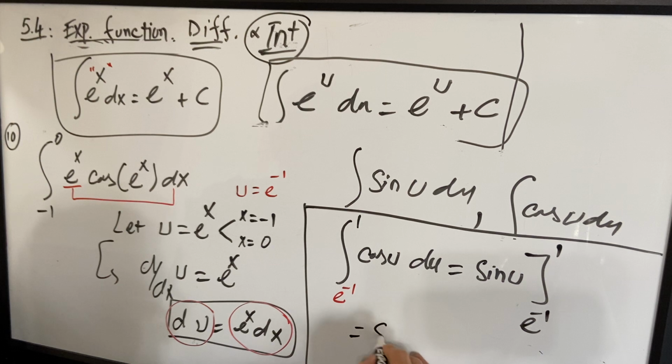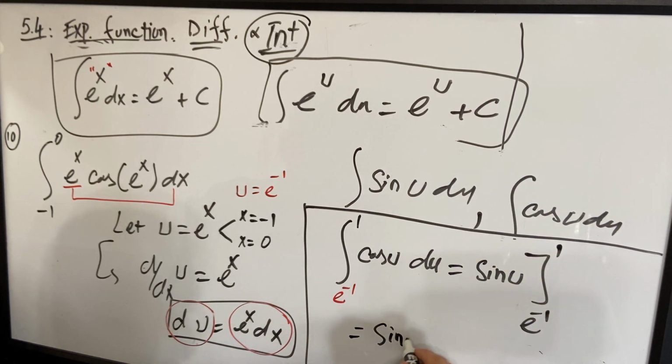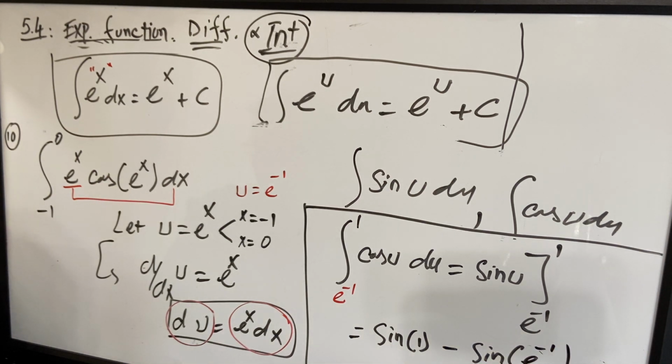That is sine of b minus a, which is sine of 1 minus sine of e to the -1. There we go. And your job is done, guys. Just plug it in your calculator. You shall get 0.482.